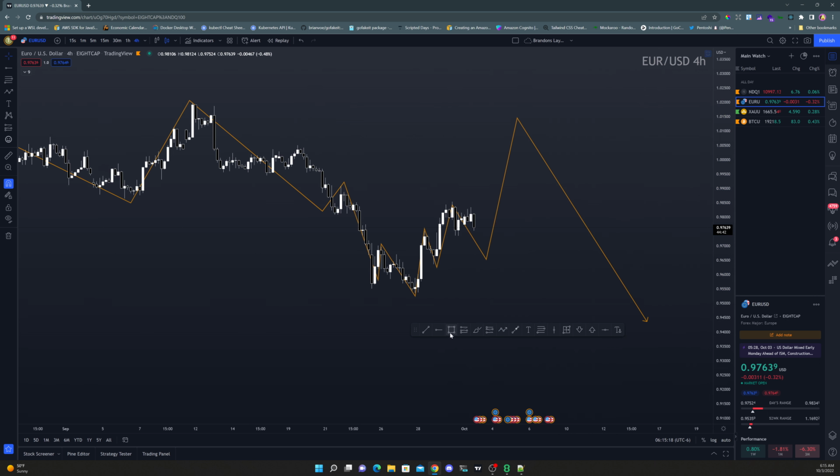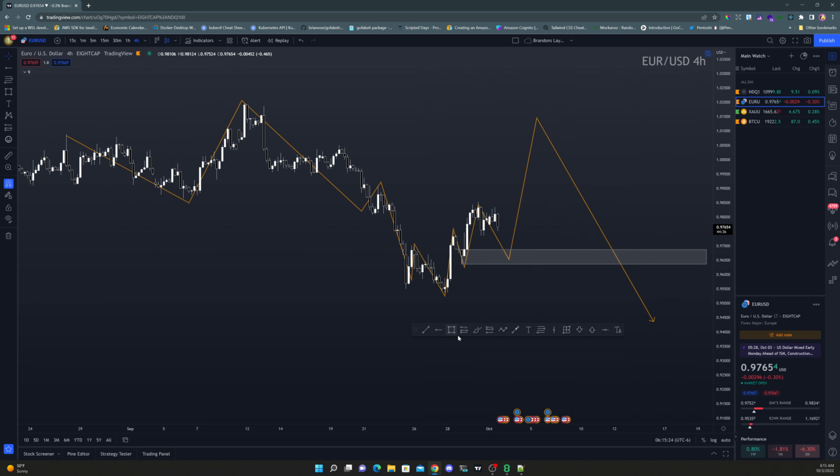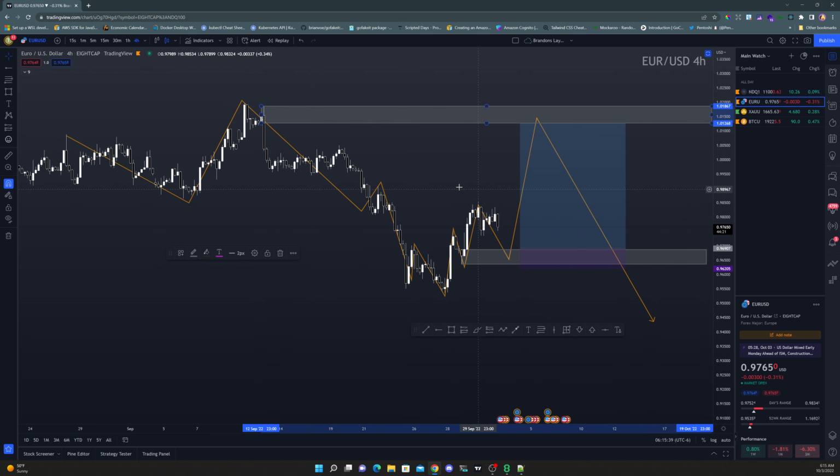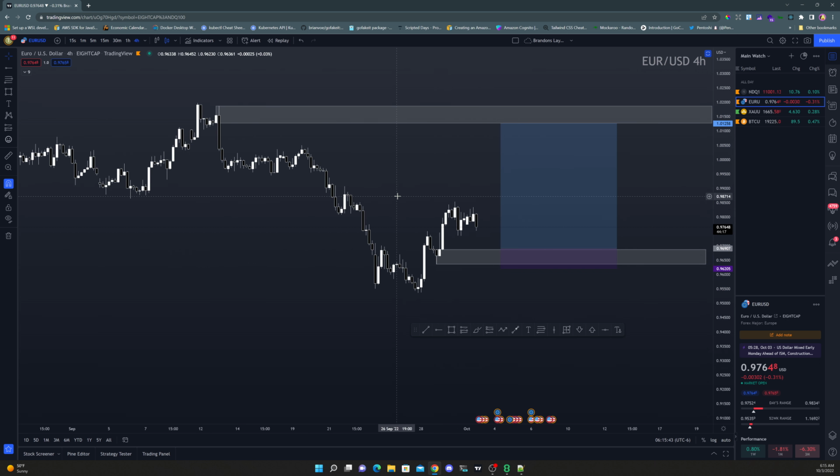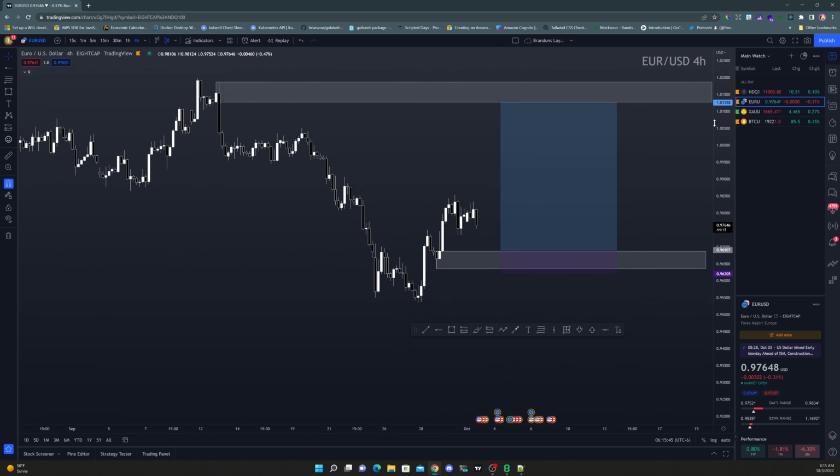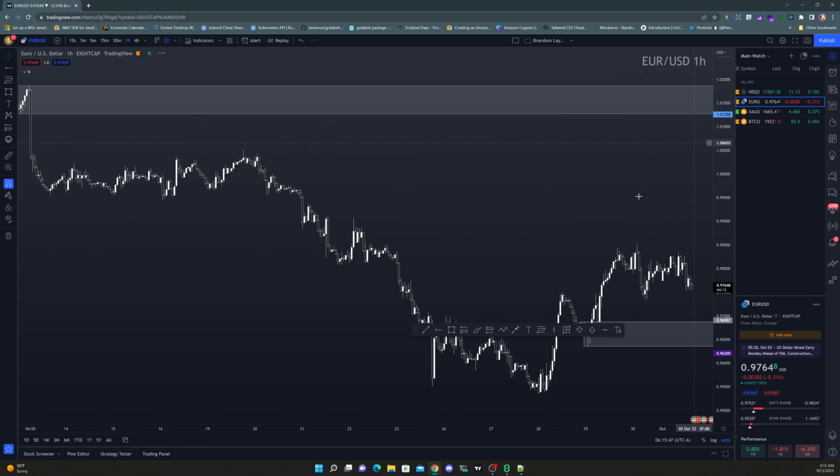So what I would say is I would go ahead and look for a buy off of here to ultimately run to this area up here somewhere. What I'm looking at is this, right? So we'll go ahead and delete that. That's what I will be looking for. And so that's the 4 hour. So let's go 1 hour, see what we're doing.